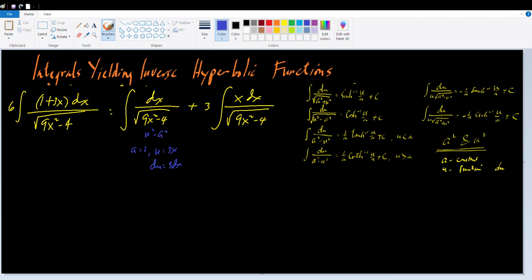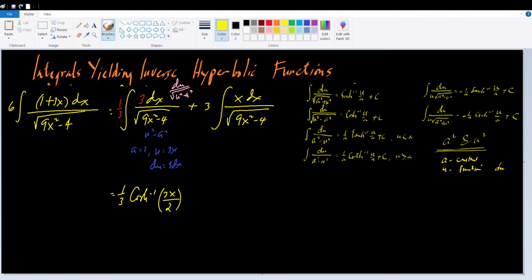So the first integral is of the form du over the square root of u squared minus a squared. And the answer for that is inverse hyperbolic cosine. We only have to complete our du, which is 3dx, and then 1/3. So that will be 1/3 inverse hyperbolic cosine of 3x, that is our u, all over 2, which is our a.